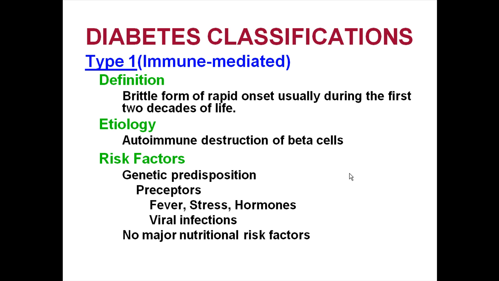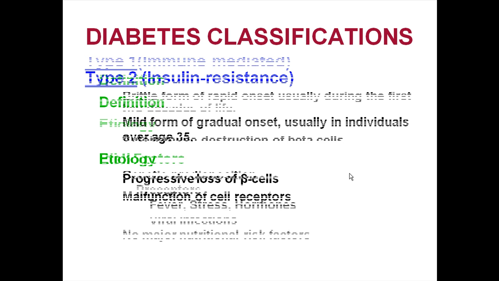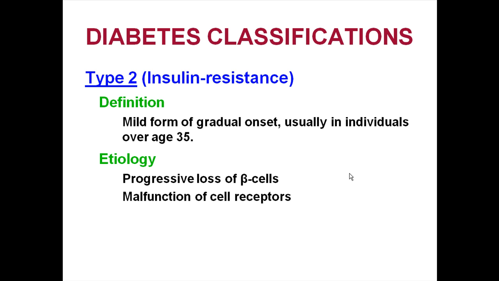But eating too much food or doing something bad nutritionally is not going to cause type 1 because it's an autoimmune disease. But once you get it, then you have to watch and maintain your blood glucose levels, so it becomes a nutritional issue. Type 2 diabetes, now this is a nutritional issue. It is a mild form, meaning it can be controlled a lot easier than type 1.